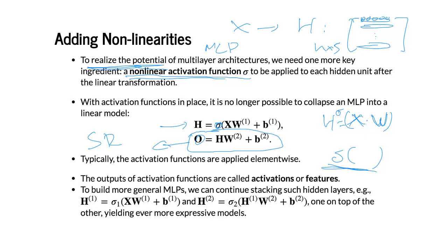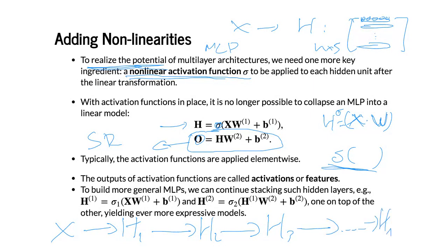So if I have X, then I take H1, then H2, then H3, then H10, then O. The sigma function is applied to this one, then to this one, then to this one, and so on.